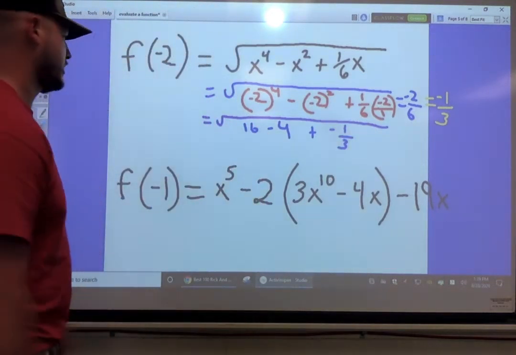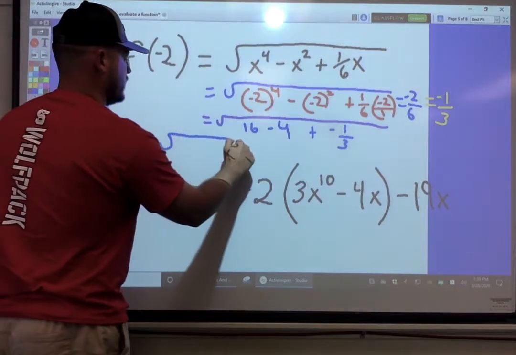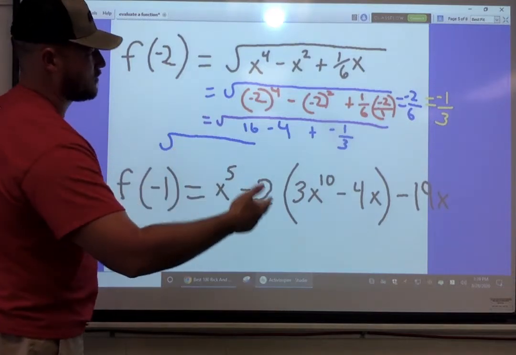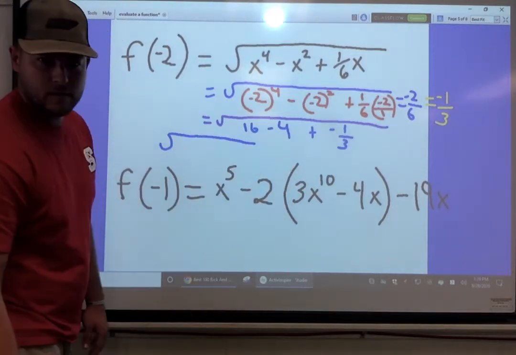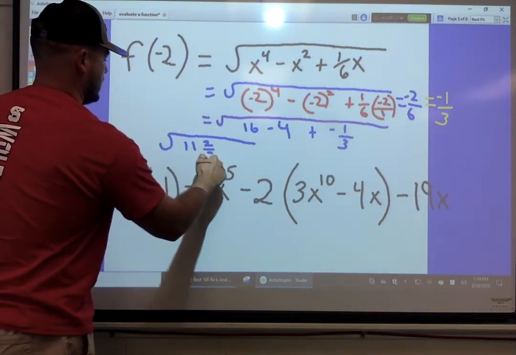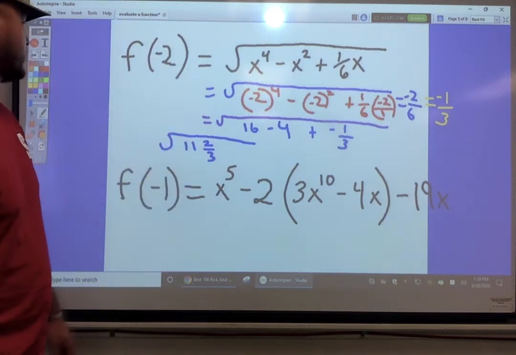Let's condense it just a little bit more. I'm going to write it over here. So 16 minus 4 is 12, and then 12 minus a 1/3, right? 11 and 2/3. So that'd be 11 and 2/3. That's what's underneath my radical, right?